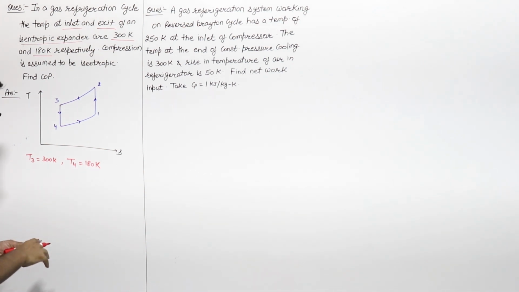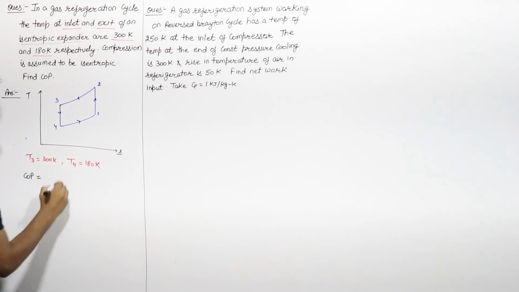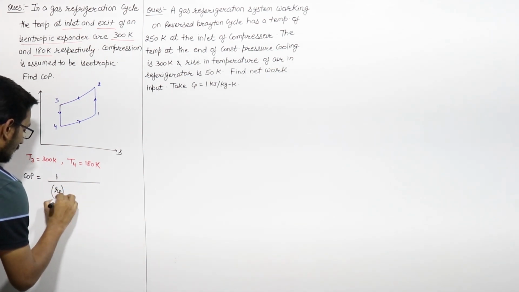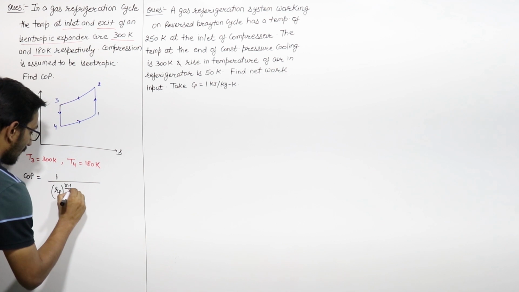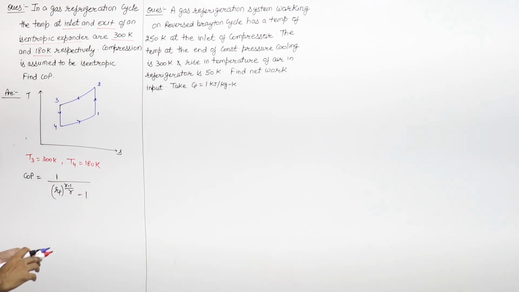As you know, what is the COP of the reversed Brayton cycle? The formula is 1 upon Rp raised to power gamma minus 1 upon gamma, minus 1. This is the formula for your COP.